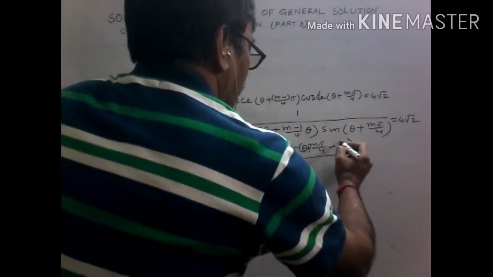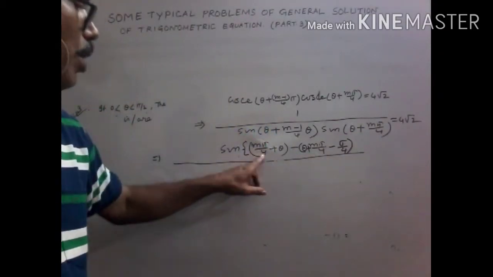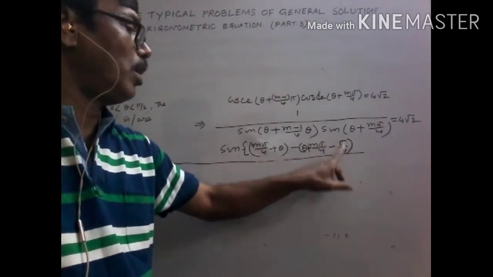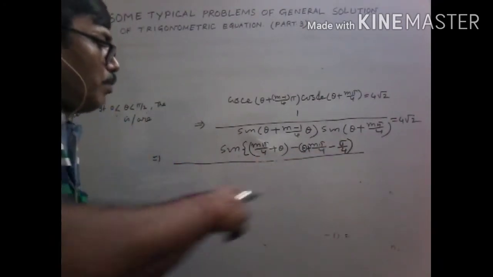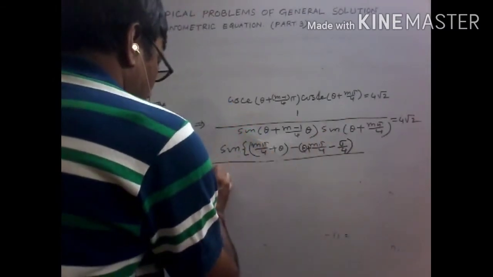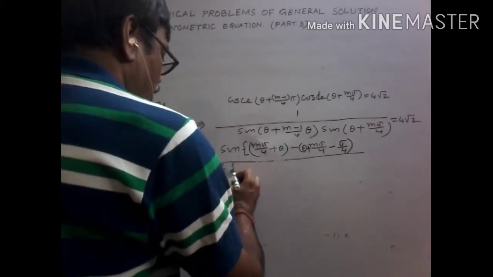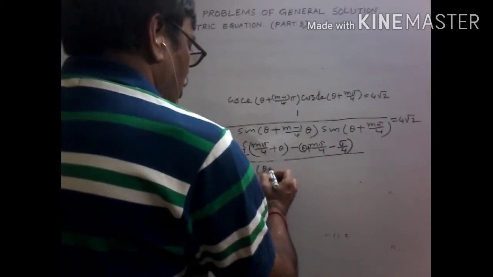So now mπ/4 cancels, θ cancels. What we are getting? Only π/4. So π/4 is extra at the numerator. So we balance it by π/4. And this one is unchanged.